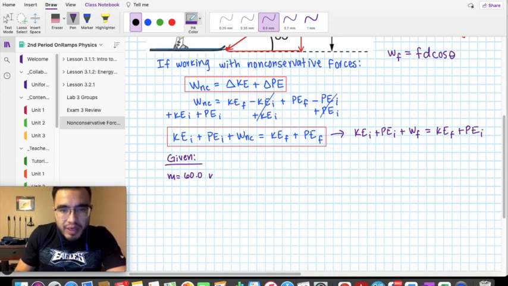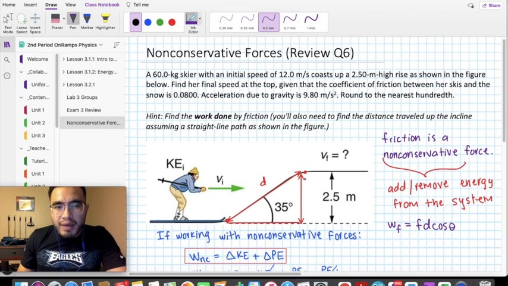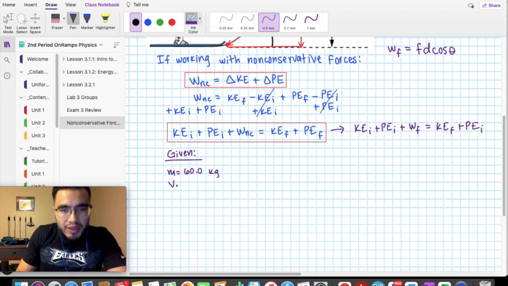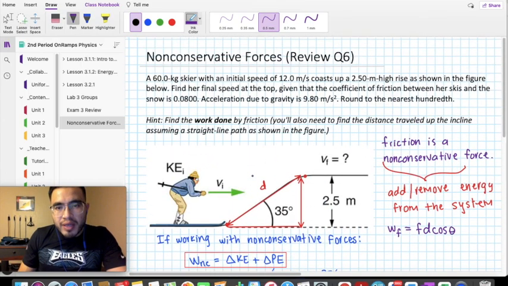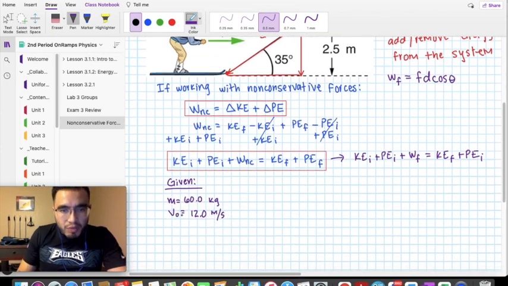Then we have an initial speed of 12 meters per second. We'll call that initial velocity, V naught, 12 meters per second. And then up a 2.5 meter high rise, we'll call that height H, 2.5 meters.